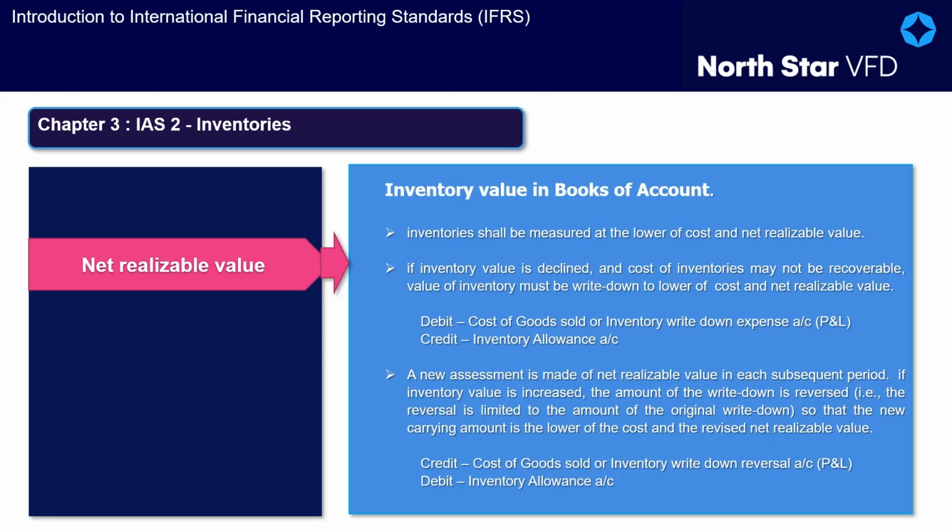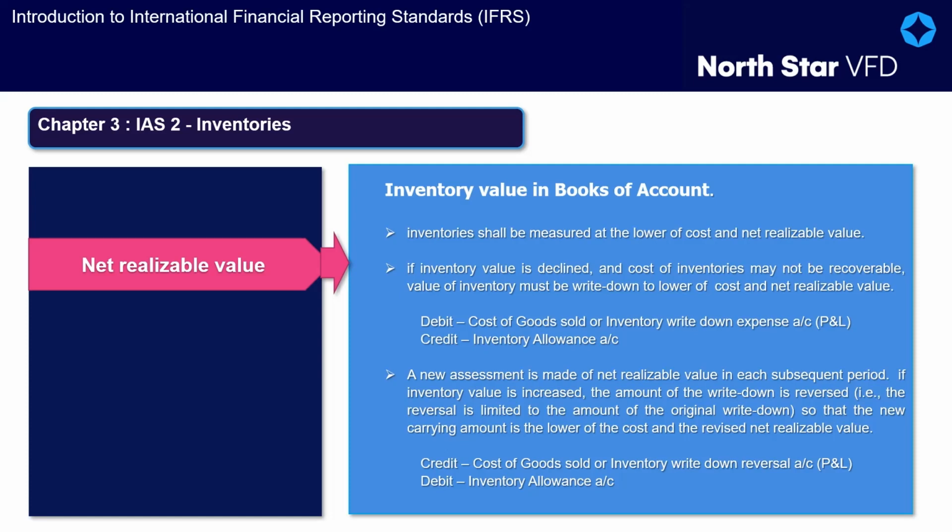That is, the reversal is limited to the amount of the original write-down, so that the new carrying amount is the lower of the cost and the revised net realizable value. This occurs, for example, when an item of inventory that is carried at net realizable value because its selling price has declined is still on hand in a subsequent period and its selling price has increased. Any reversal should be recognized in the income statement in the period in which the reversal occurs.